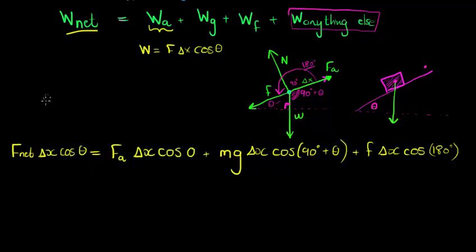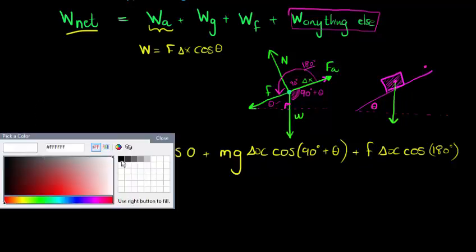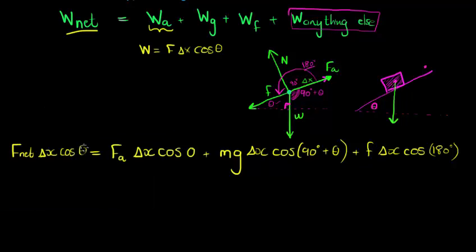So I don't even need this, because that's going to be cos of 0, and cos of 0 is 1. So on the left-hand side, I simply have the net force times the displacement is equal to this expression. In this specific case, the applied force is also 0, but it could be not 0.